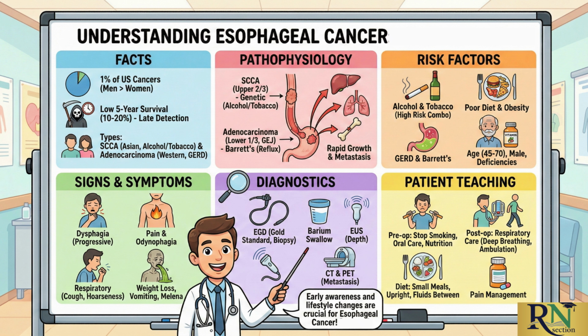For diet, sit upright when eating, eat 6 to 8 small meals per day, drink fluid between meals, not with them, to prevent distension. Monitor for dumping syndrome, diarrhea 20 minutes to 2 hours after eating.